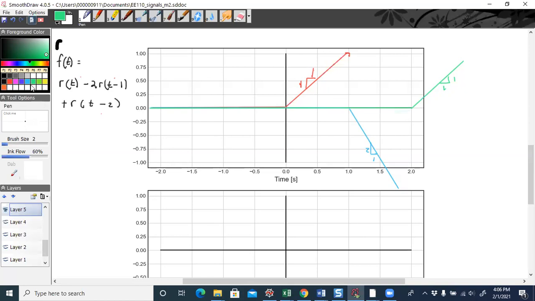Okay. Zero plus 0 is 0. A slope of 1 plus 0 is a slope of 1.